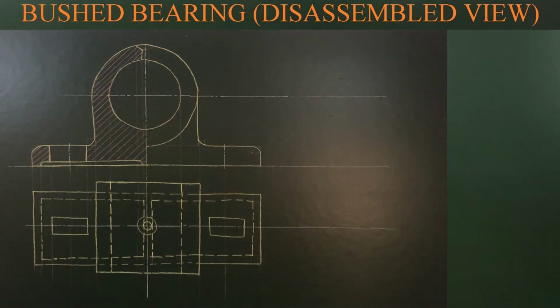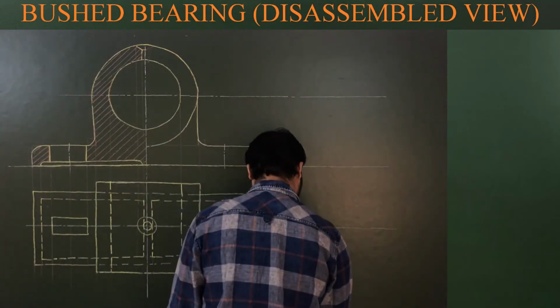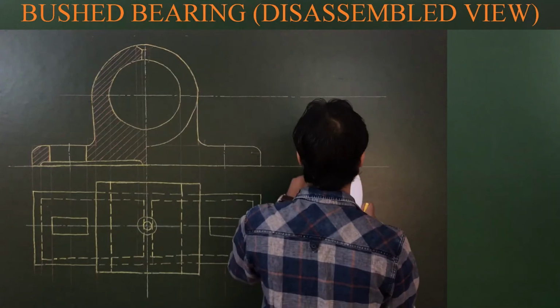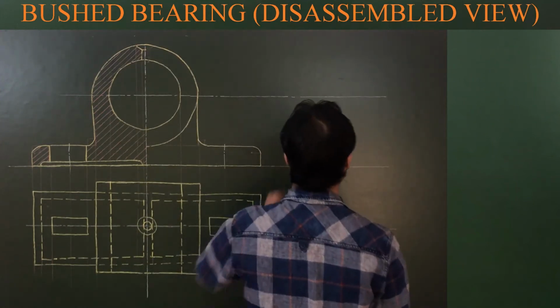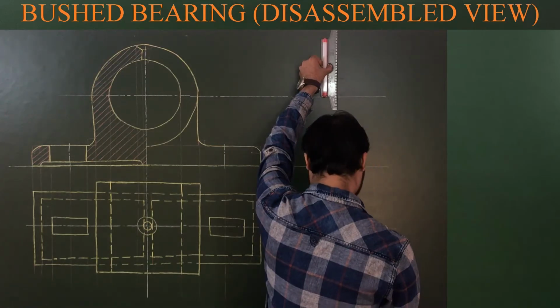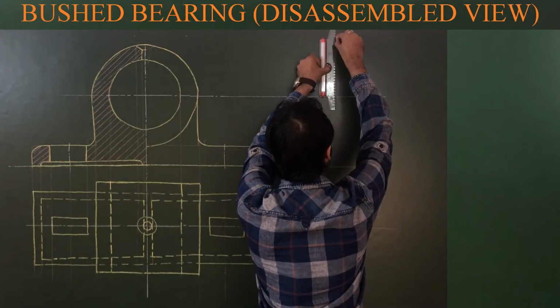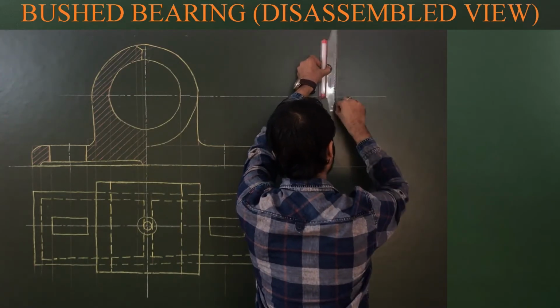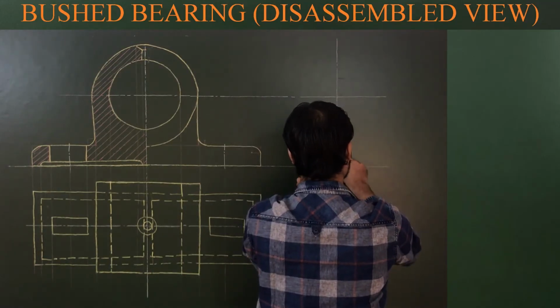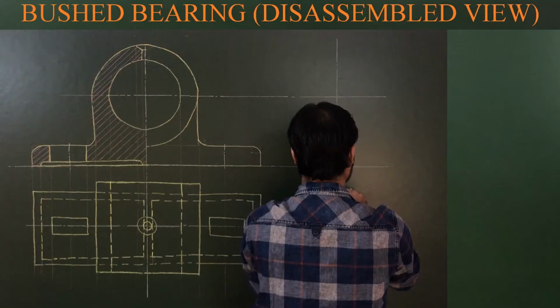Now the internal dia of the bush is 32, external dia is 42, and we can use a direct dark pencil because we know what we have to show. Okay, before that draw the vertical axis also for both front view and top view.